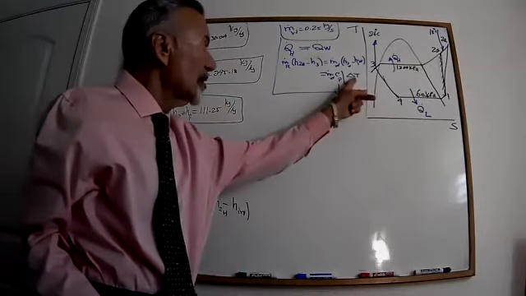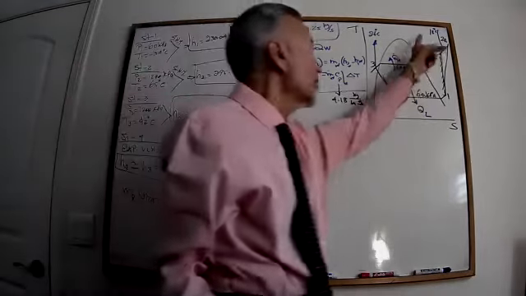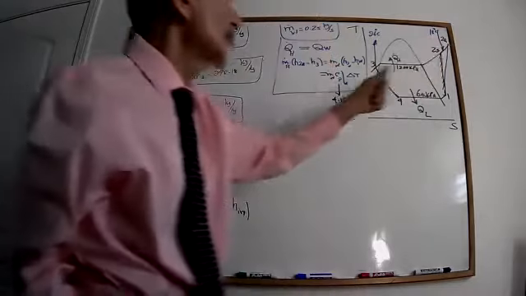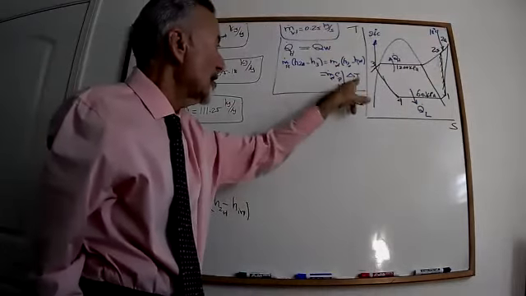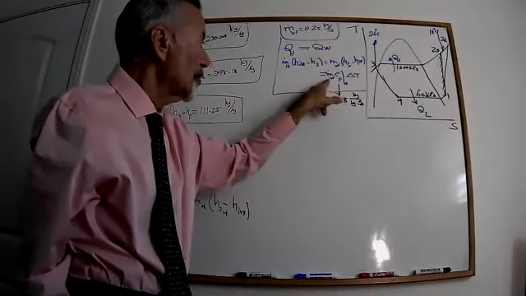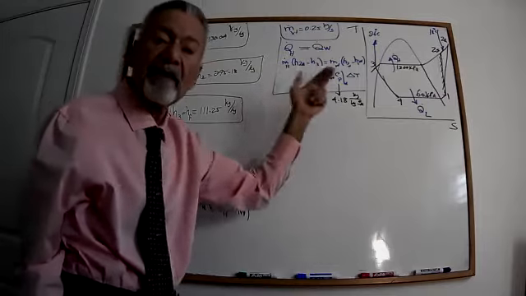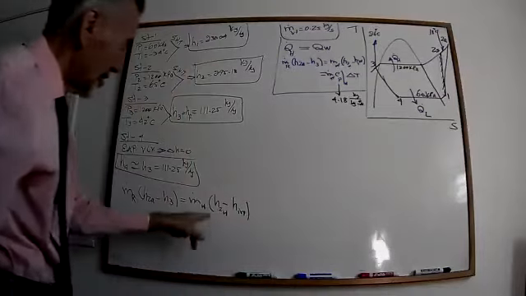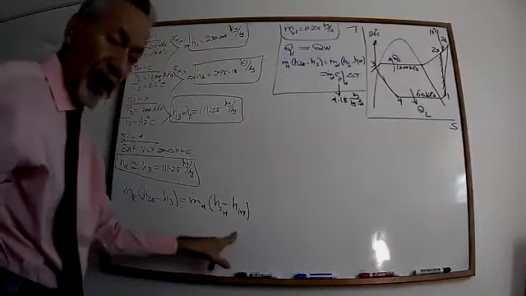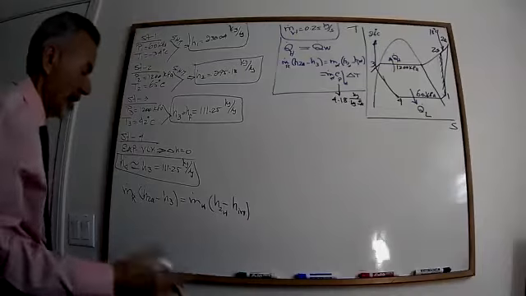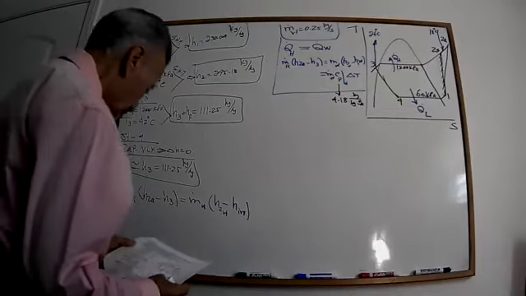And delta T, what is delta T? 26 minus 18 is 8. So you have 8, 4.18, this is 0.25. You can solve it much faster. I decided to just do it the hard way so you guys can get the hang of it, but you have always two choices.